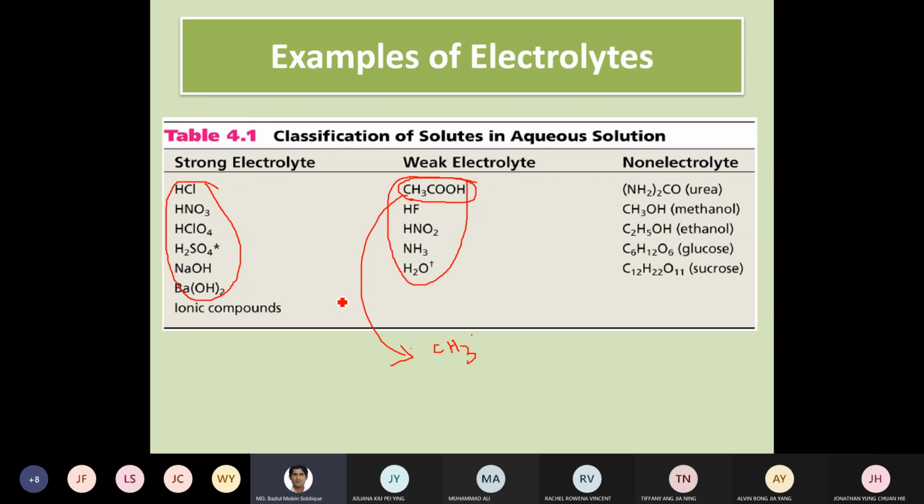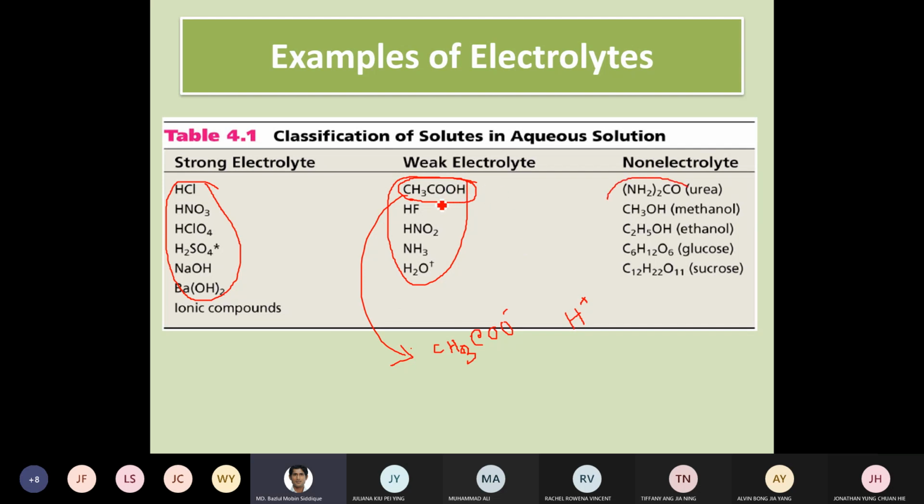Since this produces a hydrogen ion, of course it should have another negative ion on it. So this is the acetate ion, and hydrogen ion is produced. But the reason it is weak is that only a small fraction dissociates, maybe 1-2% of the acid will be dissociated in the water. So that is why they are a weak electrolyte.